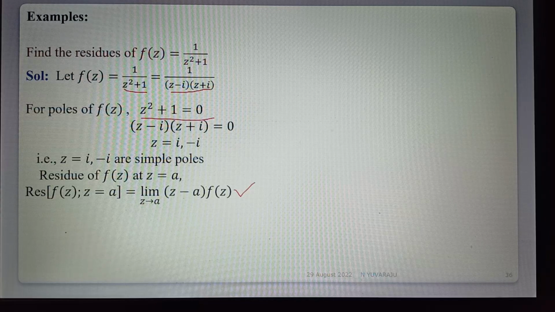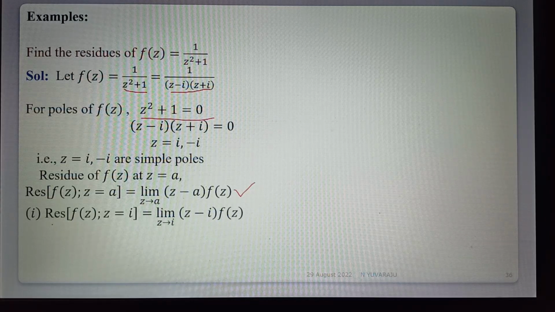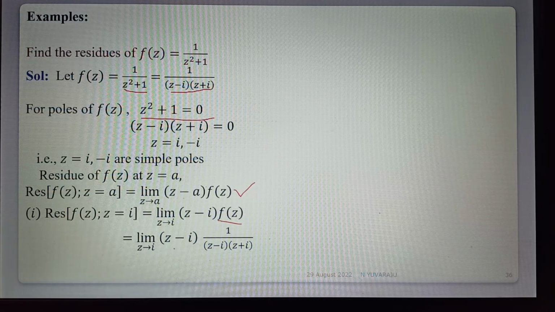Now at the point z equals i, the residue of f(z) at z equals i is the limit as z tends to i of (z minus i) into f(z). Substituting the given function, 1 by (z minus i)(z plus i), z minus i cancels, remaining 1 by (z plus i). Replacing z with i, that is 1 by 2i. This is the required residue of the given function at z equals i.